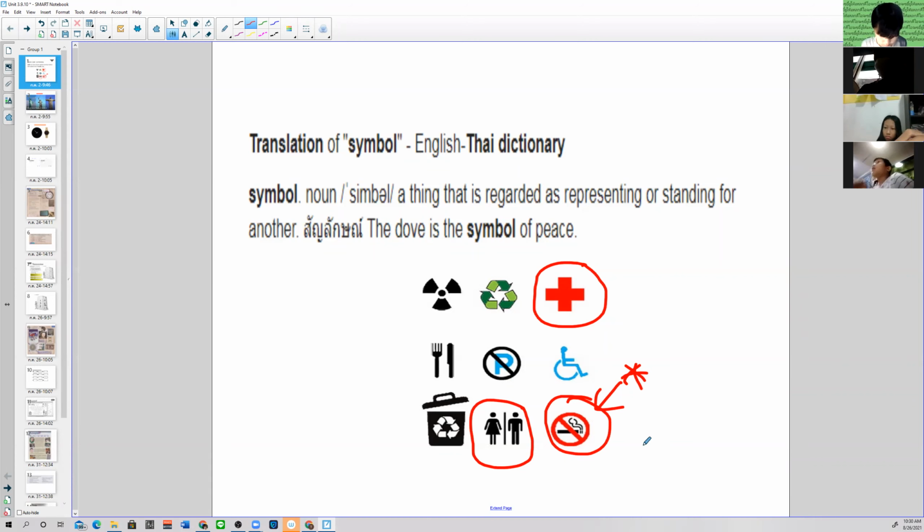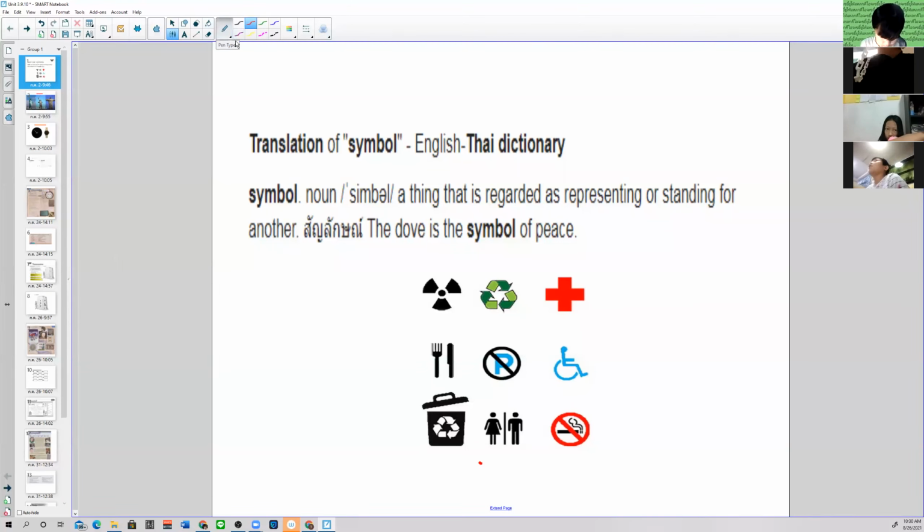This one is a symbol of no smoking. It's in public everywhere, and you should know the basic symbols that we use in this society because it's important.